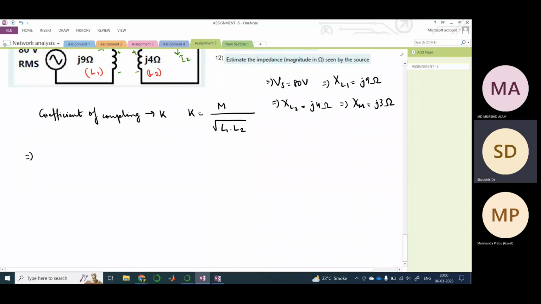What is XL1? It is nothing but j 2 pi f L1, or j omega L1.